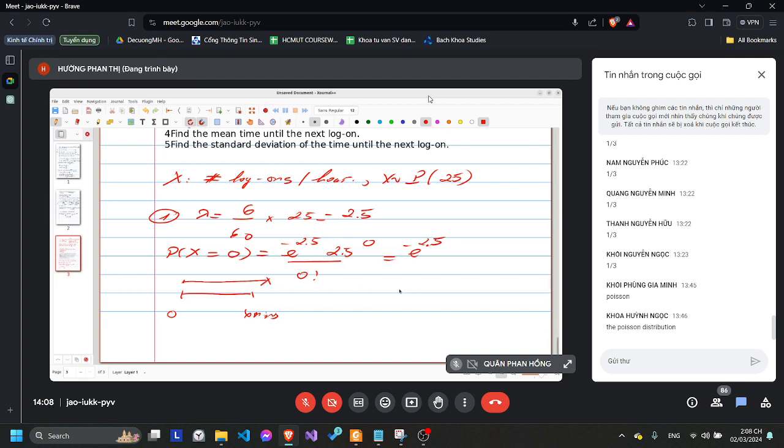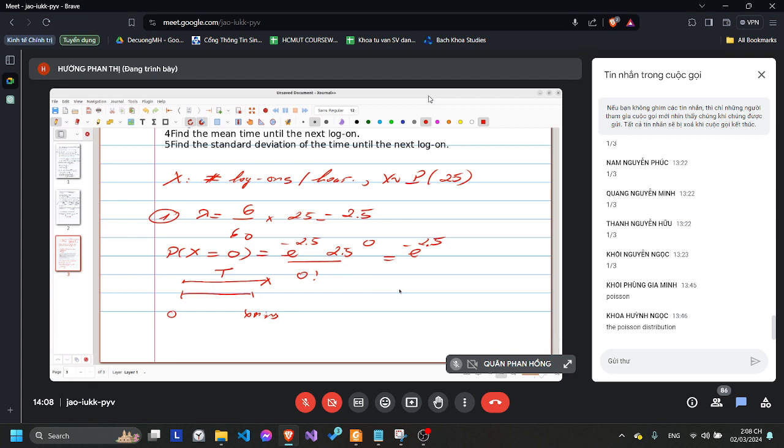The time until you get the first lock-on is the interval time.